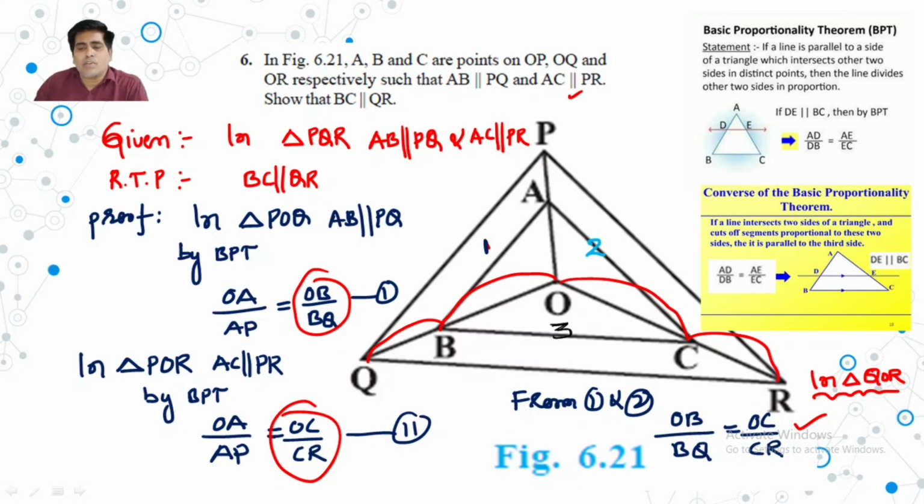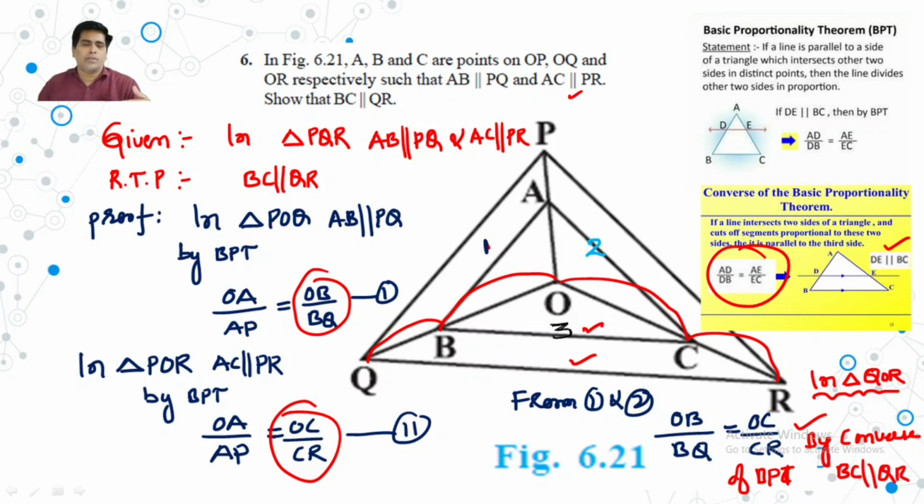If you apply the converse of the basic proportionality theorem, if the ratios are equal, then the lines are parallel. Here, which line is parallel? We can say that BC is parallel to QR. So by the converse of BPT, clearly BC is parallel to QR. This is what we were required to prove.